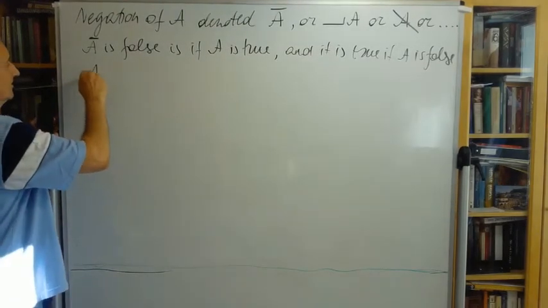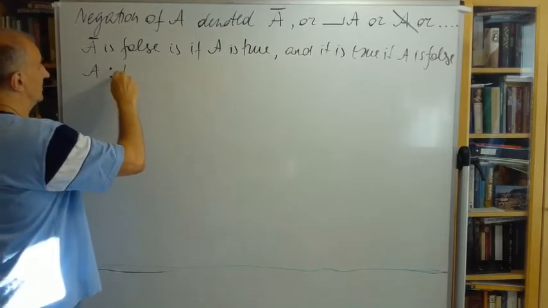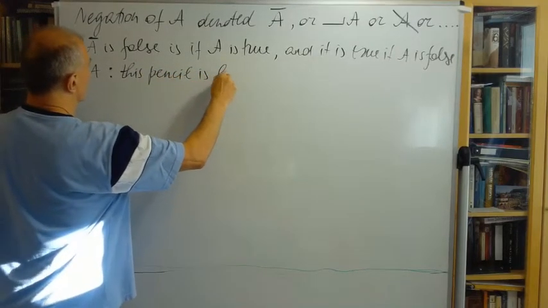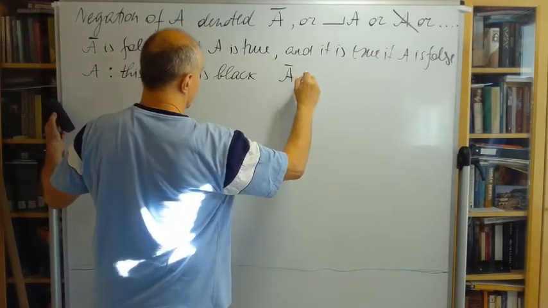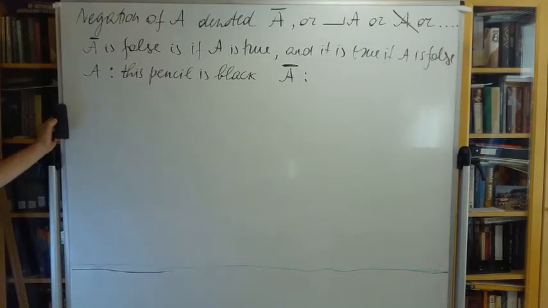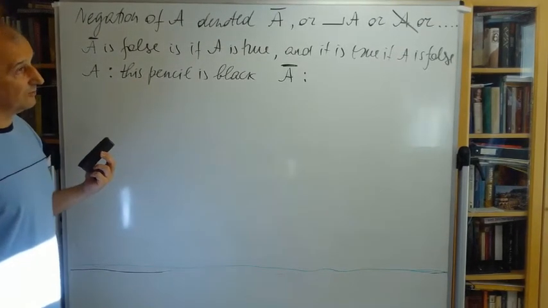So the negation of statement A, for instance A, this pencil is black. Not A cannot be the statement this pencil is red. Actually, in practical terms, by saying this pencil is red, we do deny the fact that the pencil is black, but it does not cover all possible cases.